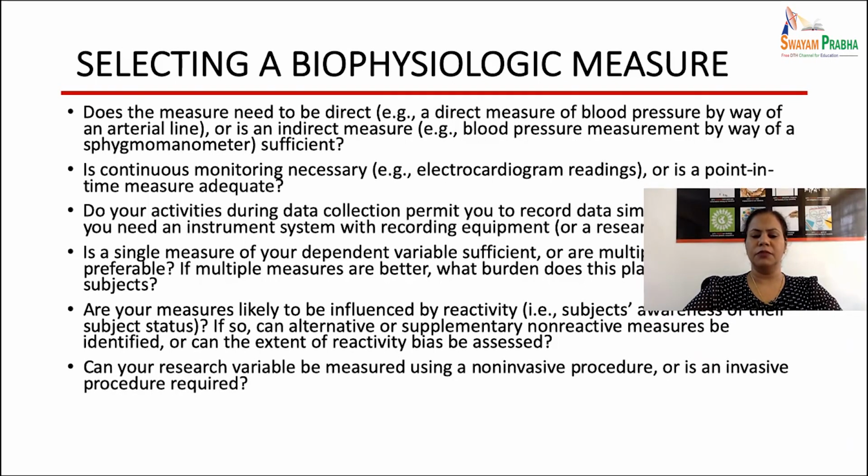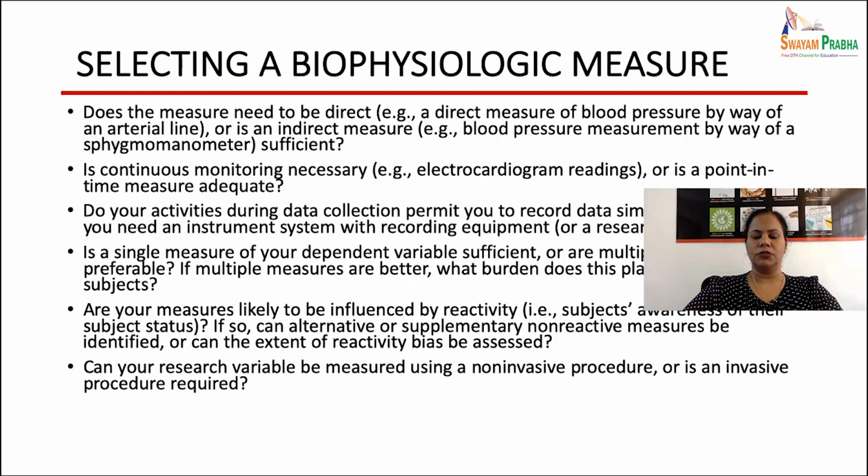Can your research variable be measured using a non-invasive procedure or an invasive procedure? Mostly, as students, you should try to go for non-invasive procedures, because it is difficult to get ethical permission for research studies where invasive procedures are required, because invasive procedures put the patient at risk of harm.